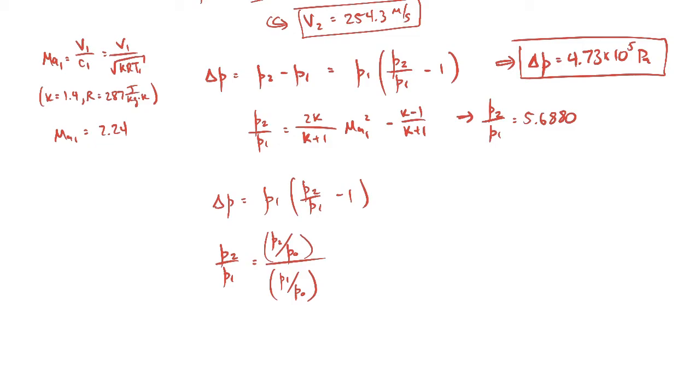Okay, so we have that expression. So these are just the isentropic stagnation pressure ratios. The P naughts will be the same because it's all isentropic, so it's the same stagnation pressure. And then in the numerator, we can replace that with a corresponding Mach number expression for the isentropic relations.